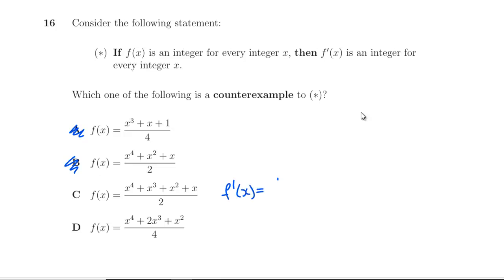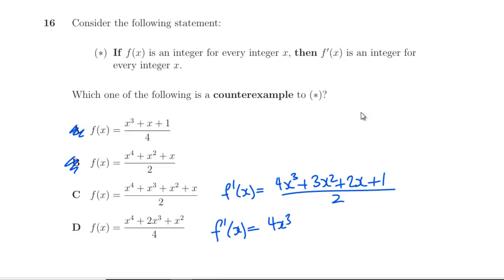F dash of x, so 4x cubed plus 3x squared plus 2x plus 1 all over 2. F dash of x, 4x cubed plus 6x squared plus 2x all over 4. Right, notably on this one, if we put 0 into C for f dash, then f dash of 0 is equal to a half.